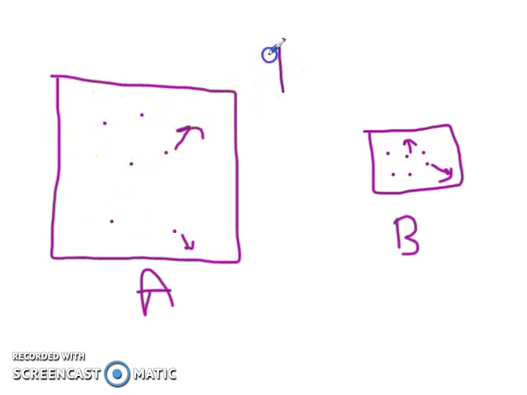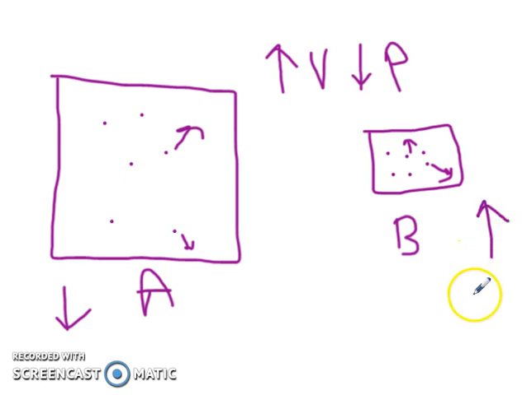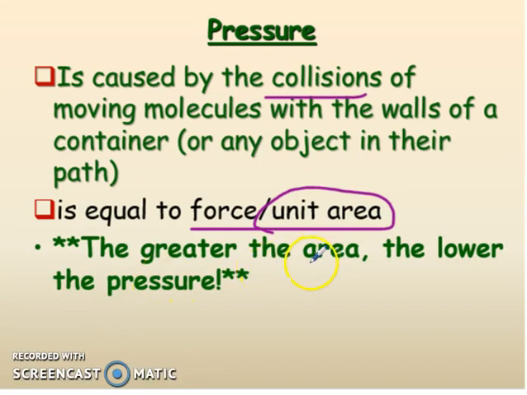So the more volume you have for a gas, the lower the pressure is. So A would have low pressure, whereas B would have high pressure, comparatively. Right? So the greater the area or volume, the lower the pressure would be.